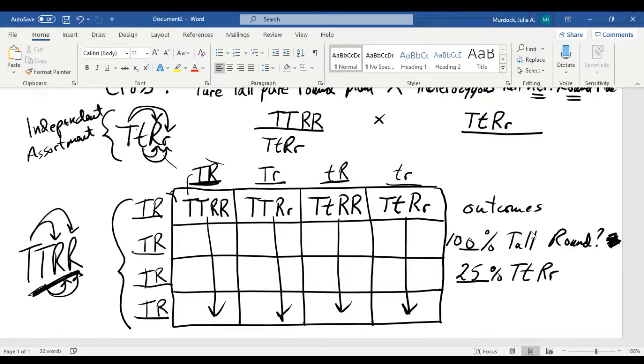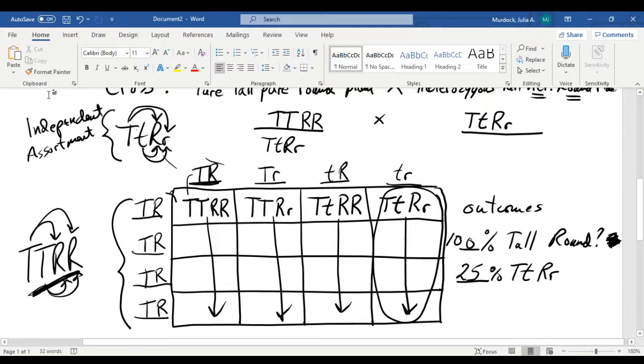So you should say 25% because only these are going to have that heterozygous genotype, right? But all of them, no matter what the genotype, are going to have the phenotype of being tall and round. Okay, so that should give you enough for right now for how to do the actual worksheet.